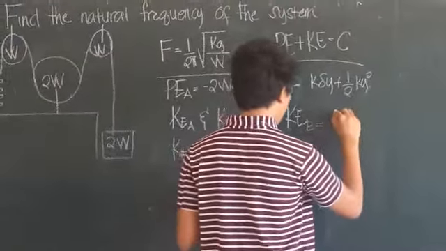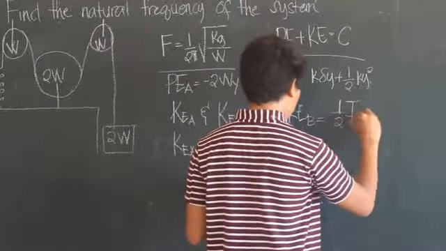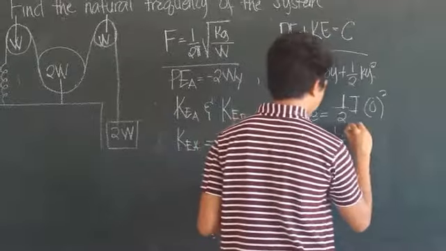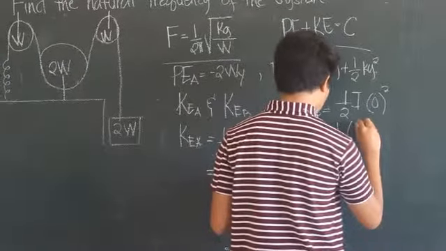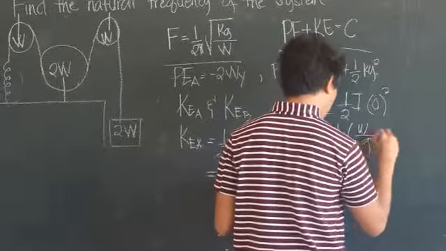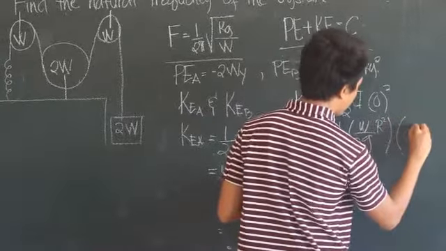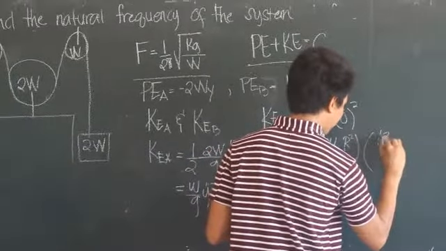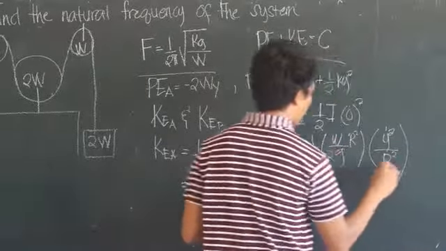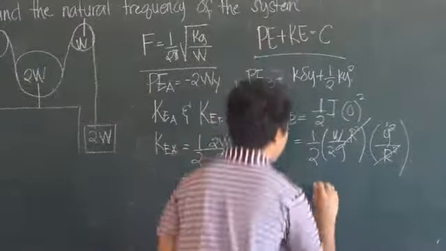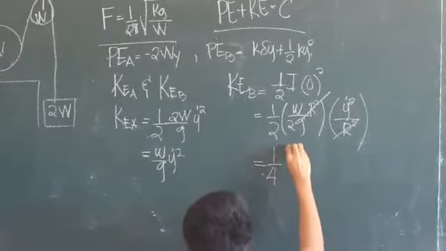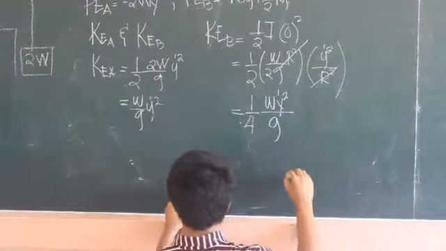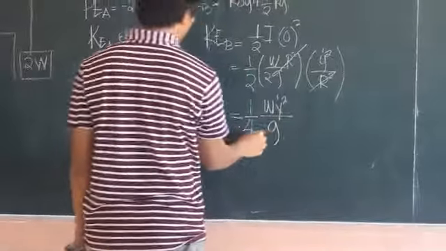It is defined as 1/2 I omega squared, where I is equal to W over 2g r squared, and so simplifying this, so this is now our KEB.